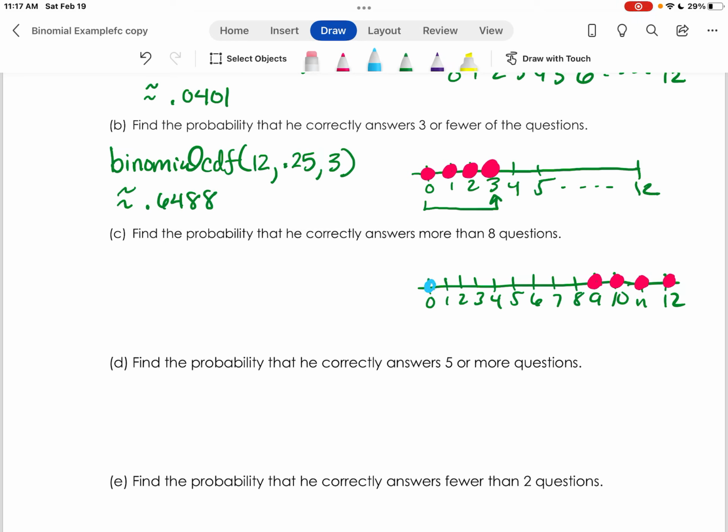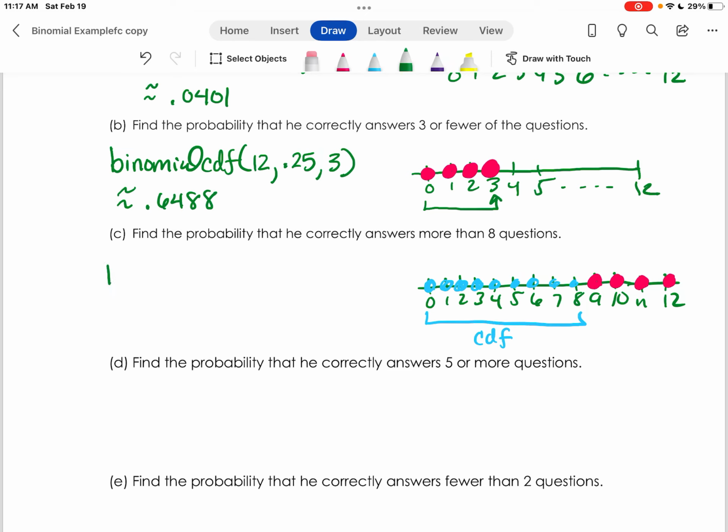We want to use the complement and find everything up to 8, the CDF for 8, and subtract it from 1. What would be left over is from 9 and up, basically.